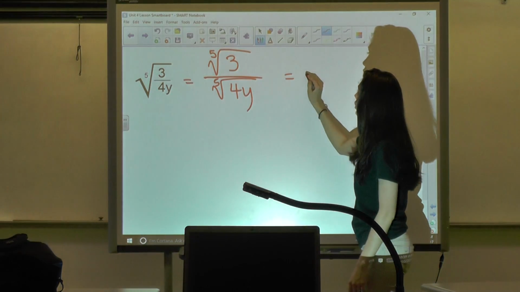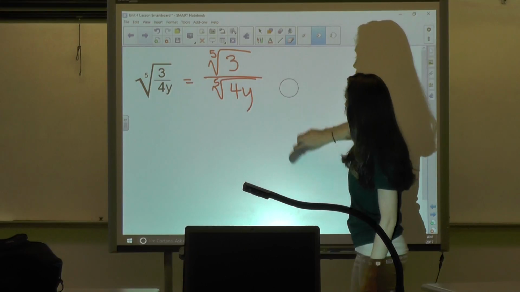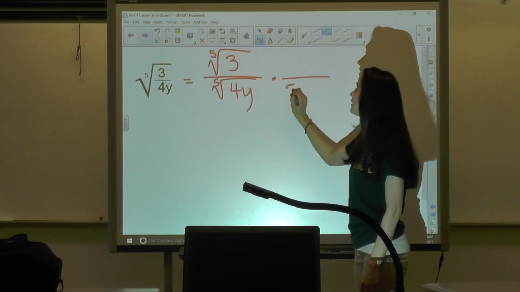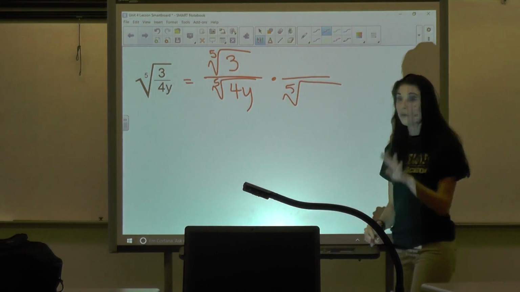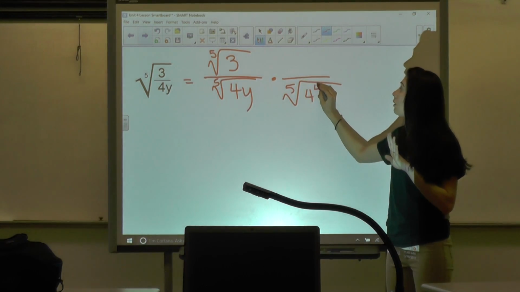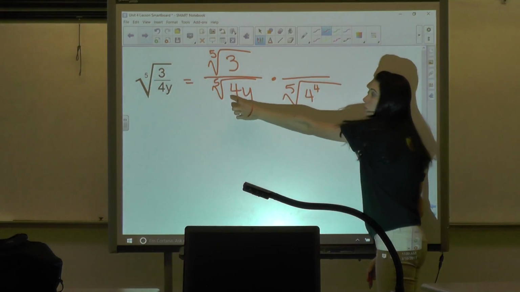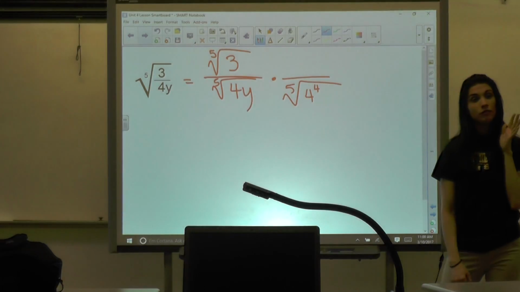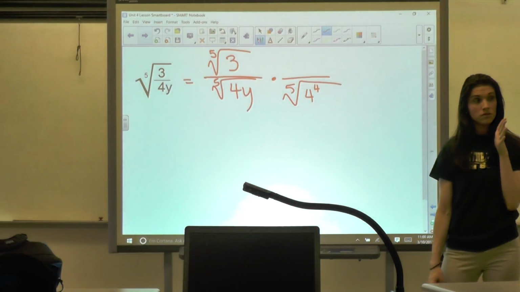So, I want an equal sign, I want a multiplication sign. So we're going to multiply this by the 5th root. I want 4 more, so I'm going to multiply it by 4 to the power 4, because now I have 1 4 and 4 4s gives you 5 4s. Good?